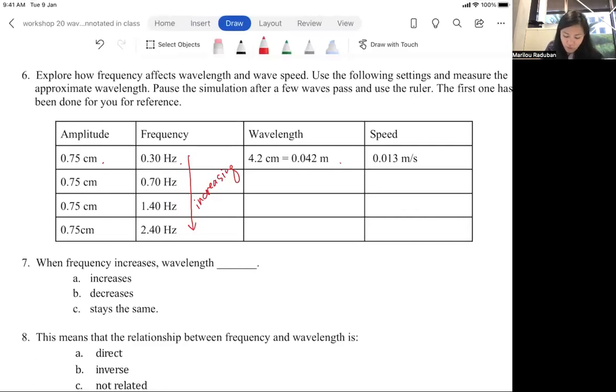If you increase the frequency to 0.7 hertz, you'll see an increase in the wavelength, about 1.8 centimeters. Further increasing the frequency to 1.4 hertz, the wavelength will be decreasing.